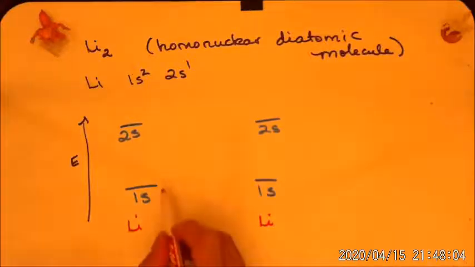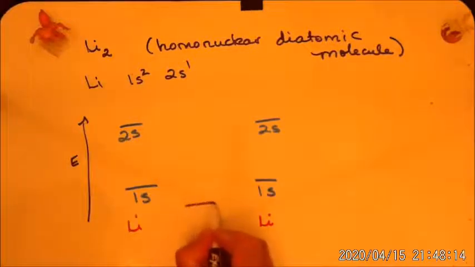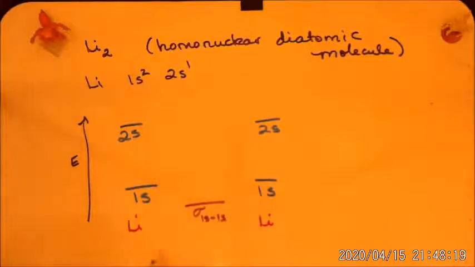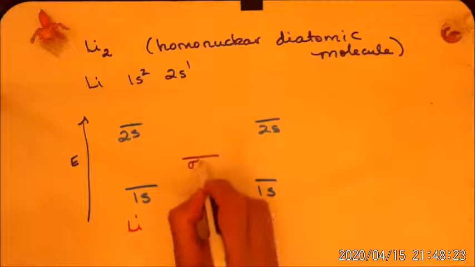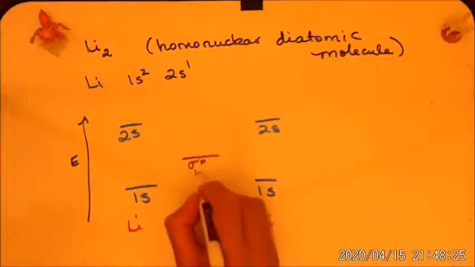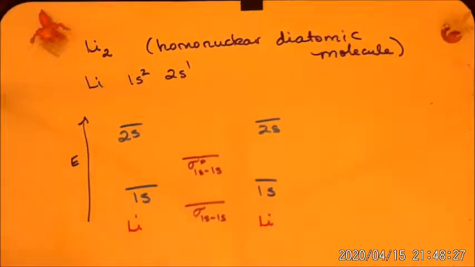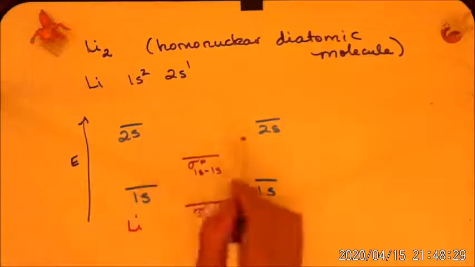So let's take a look at what happens when we make our molecular orbitals. When you combine them, you're going to form your sigma 1s, 1s, and you're going to get sigma star, the antibond, 1s, 1s. Now we're going to do the same thing with 2s.